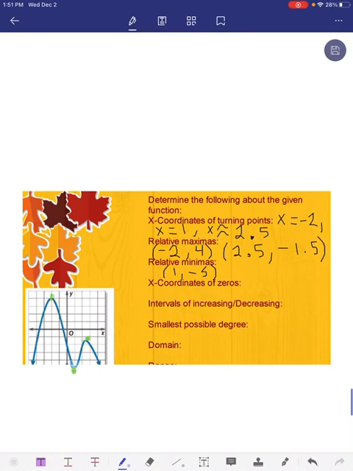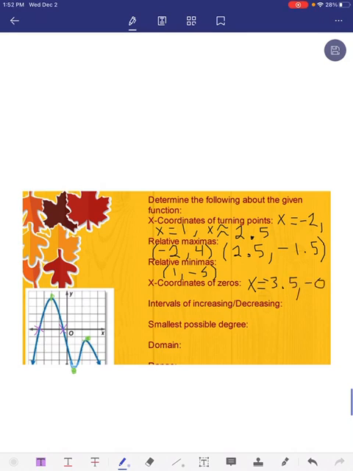Now we're going to look at my x coordinates of my zeros. So we have 2 zeros. We're going to say that we have zeros at x equals, let's say it would be -3, let's say 0.5.